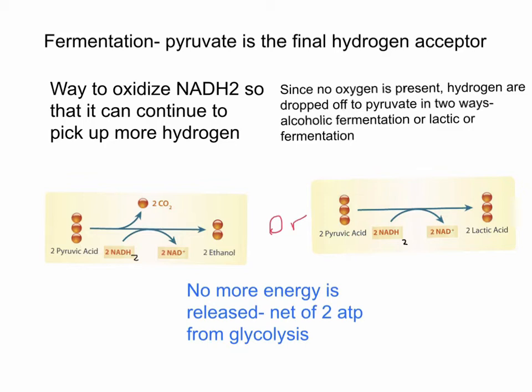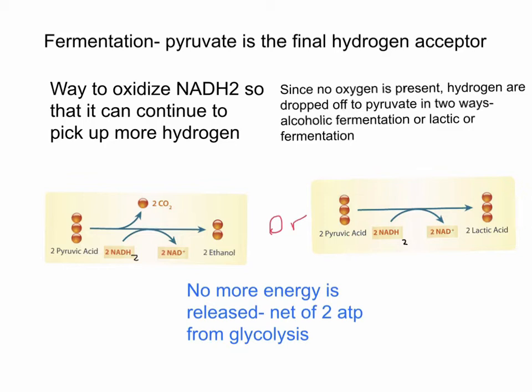You take pyruvic acid, NADH2 comes in, the hydrogens come off and get added to the pyruvate, and that causes it to split apart, and you release carbon dioxide and get ethyl alcohol. If you count the hydrogens on pyruvic acid, you have 1, 2, 3, 4. On the alcohol, you have 1, 2, 3, 4, 5, 6. So it picked up those two hydrogens.